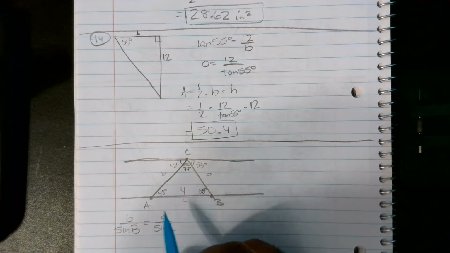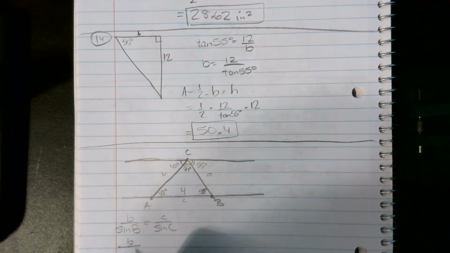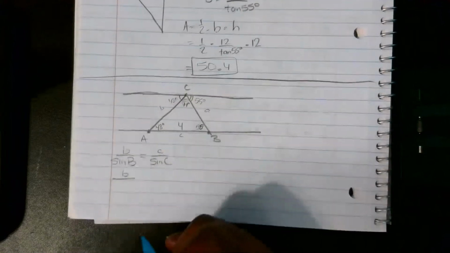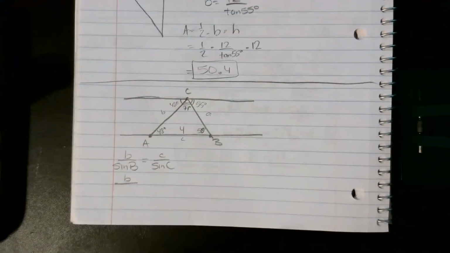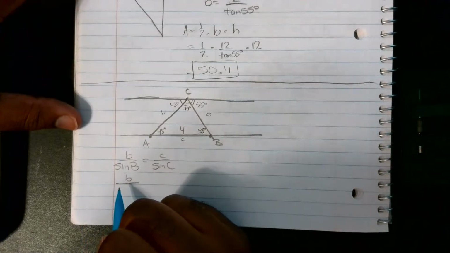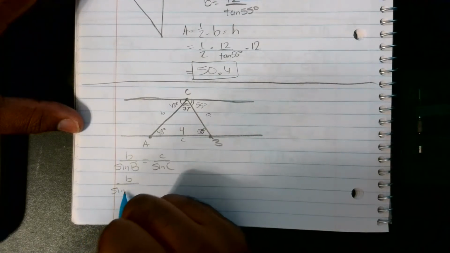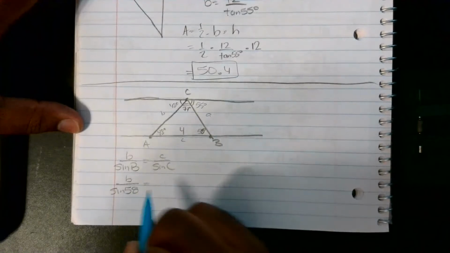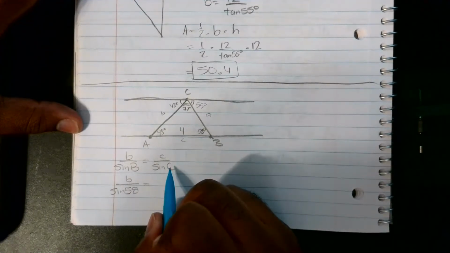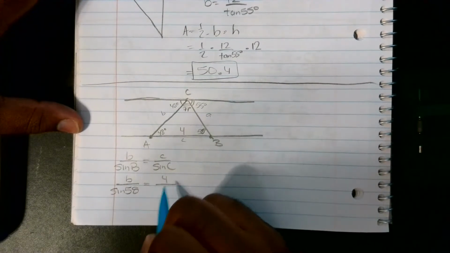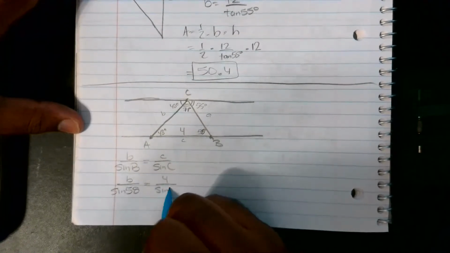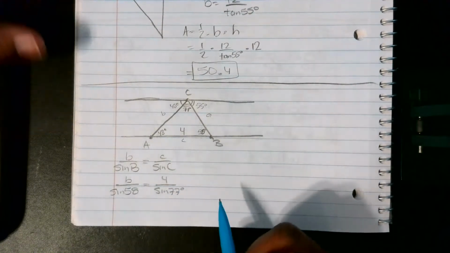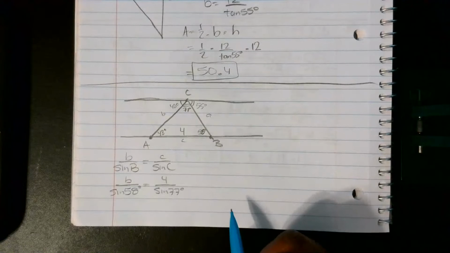So little b over sine of 55 is equal to little c, which is 4 over sine of 77 degrees.